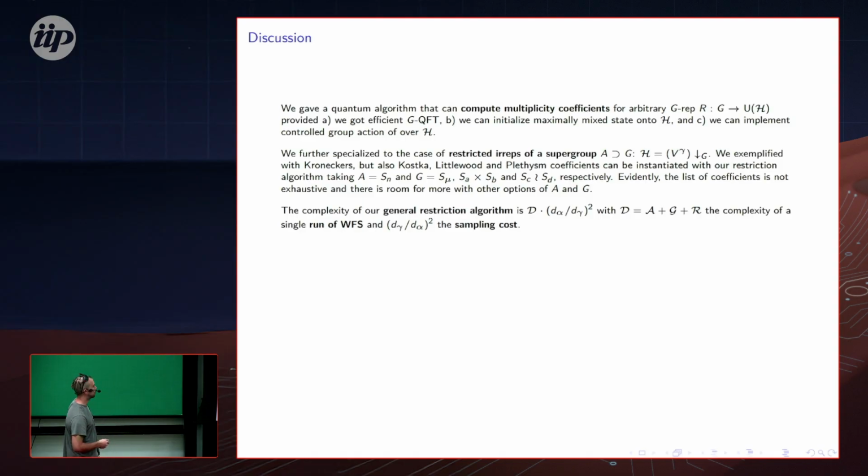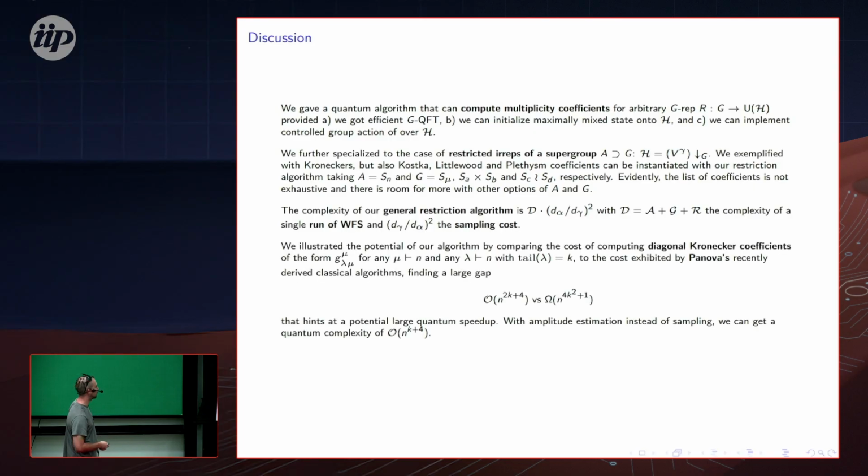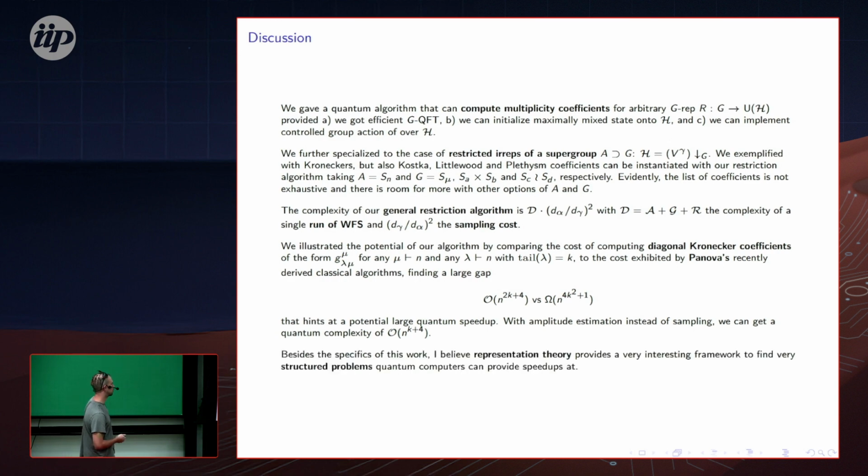The complexity of the restriction algorithm will be the irrep of A over the irrep of G, squared. We illustrated the potential for diagonal Kroneckers: there's an n to the k versus n to the k squared separation with the known classical algorithms.